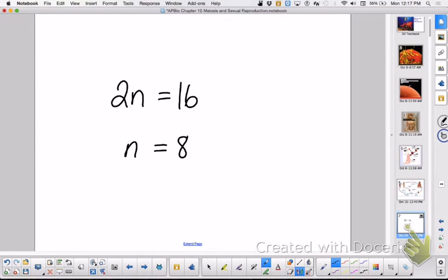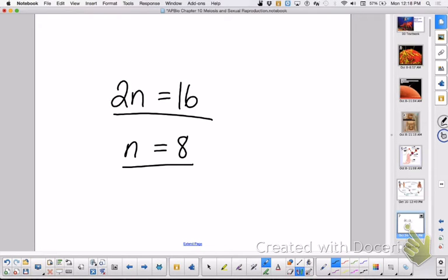How many homologous pairs did this cell have? 4. Yeah, it doesn't matter if you say 2N or N. I could give you the N number of 8. I could give you the 2N number of 16. But what I'm asking you is, how many homologous pairs does this organism have? 8. It has 8 homologous pairs.